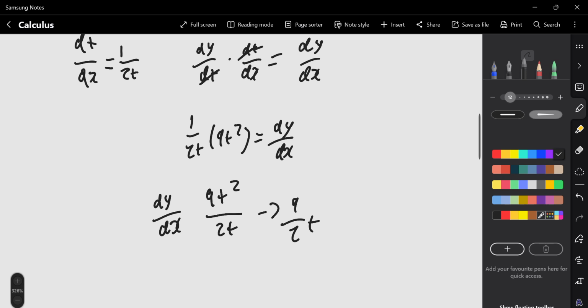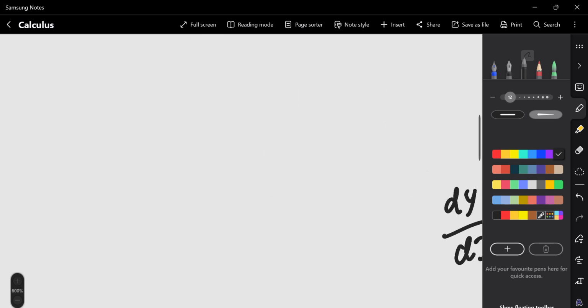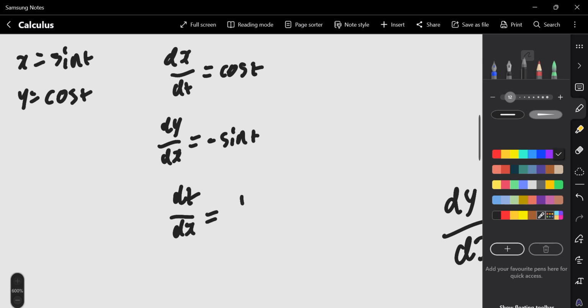Trying to find some more examples on my phone here. So I did write some down because, well, it's kind of hard to do it yourself. Let's go for x equals sine t and y equals cos t. So dx by dt equals cos t, dy by dt equals minus sine t. dt by dx is going to be 1 over cos t.